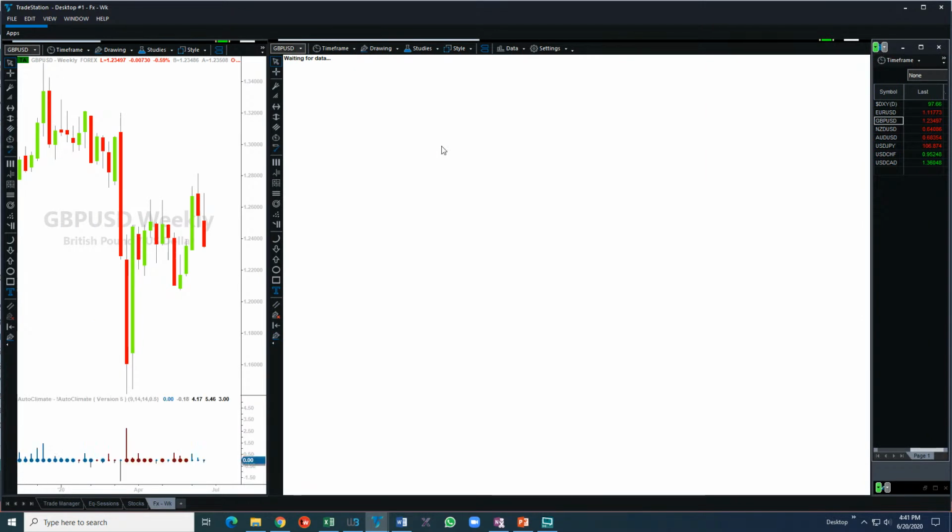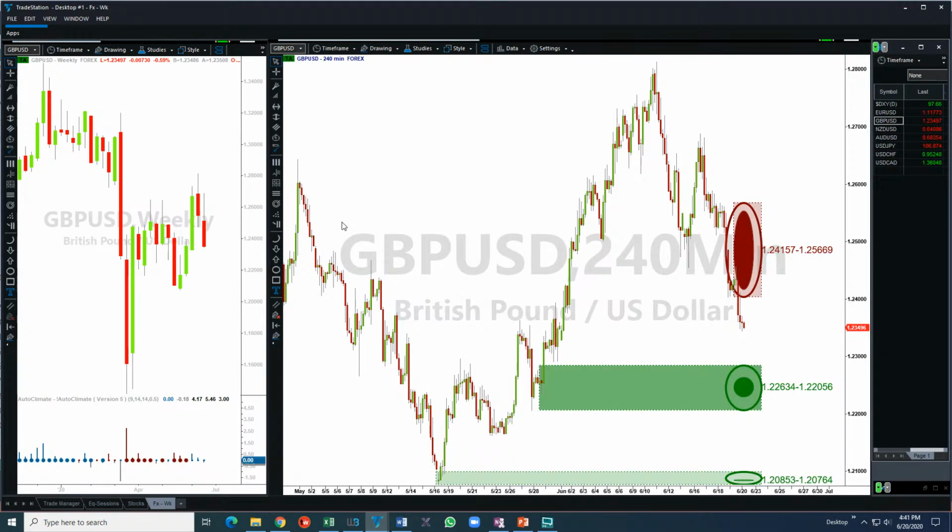GBP USD, let's look at the plan. So again, keep it simple. Weekly, we're making it so simple, right? Look at the weekly, look at the climate. If it is confirmed, you have a trade. If the climate is not confirmed, you don't have a trade, right?